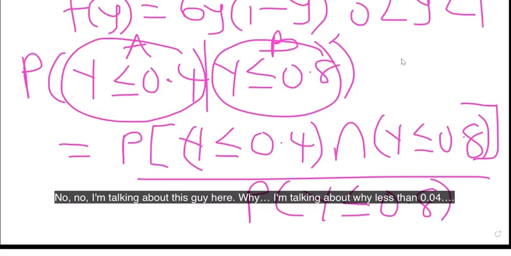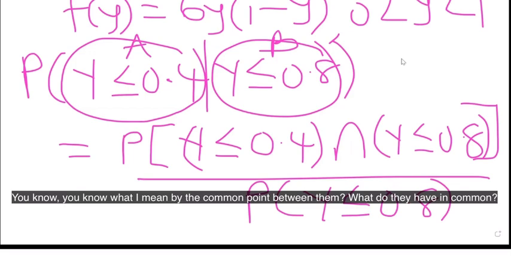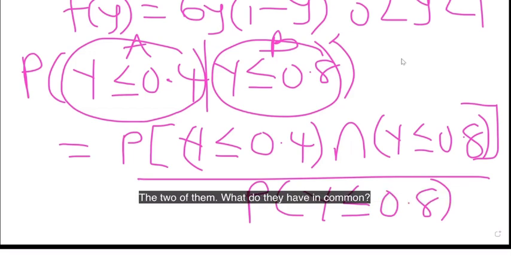I'm talking about y less than 0.4 and y less than or equal to 0.8. What do they have in common, the two of them? Can somebody tell me?